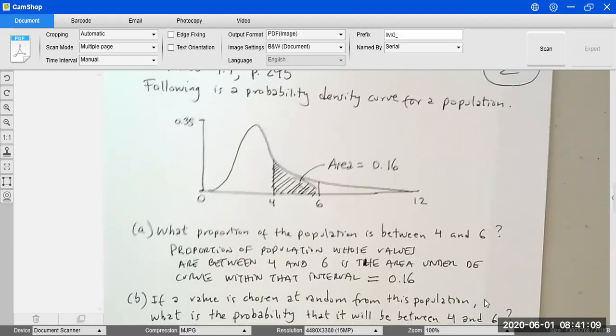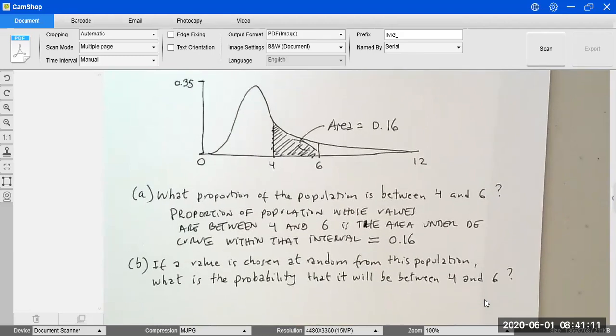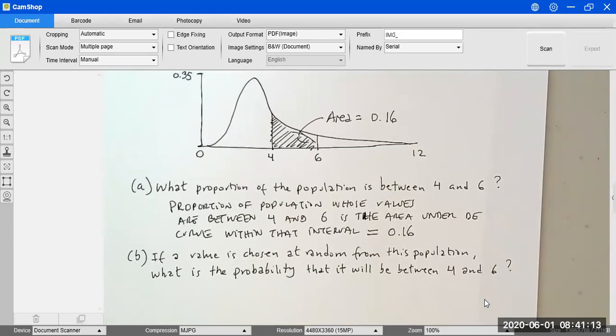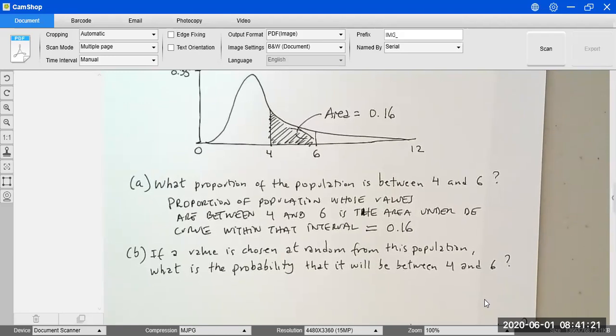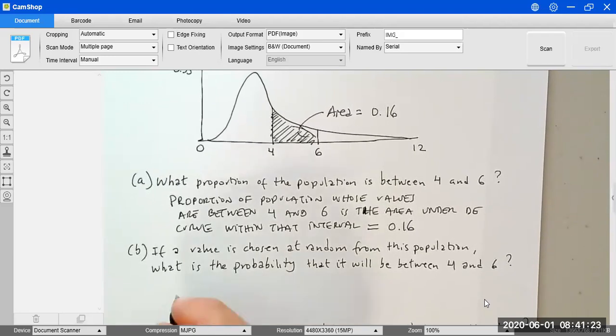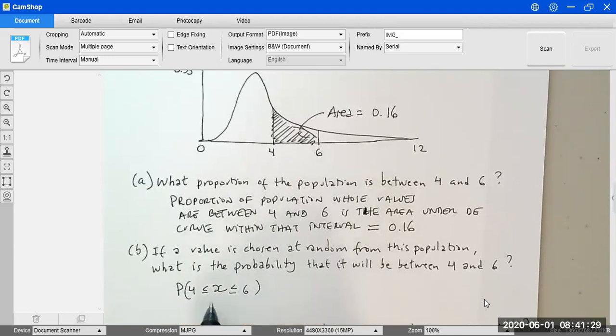Now, the second question. If a value is chosen at random from this population, what is the probability that it will be between 4 and 6? So now the question is, what is the probability that x is going to be between 4 and 6? We write x greater than or equal to 4 and less than or equal to 6. So what is the answer?